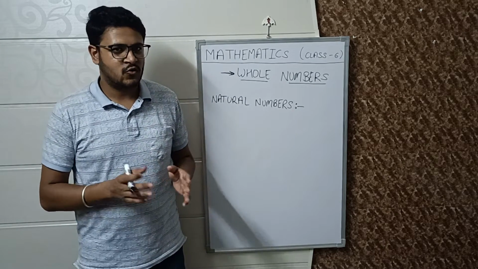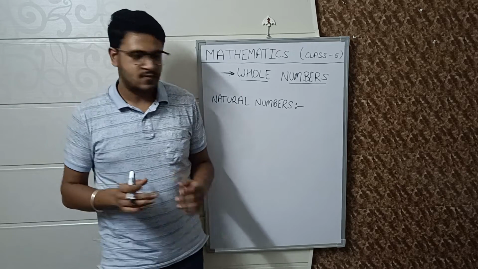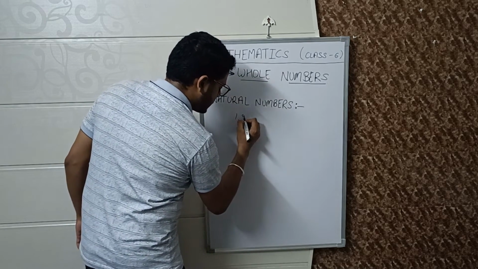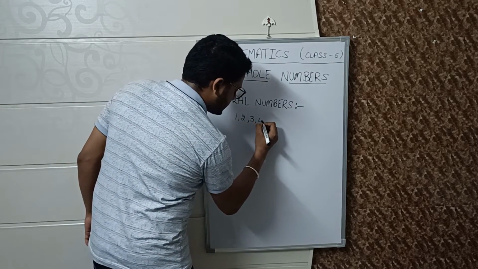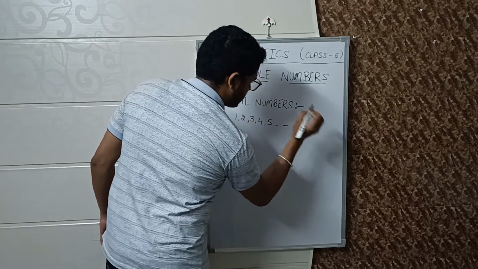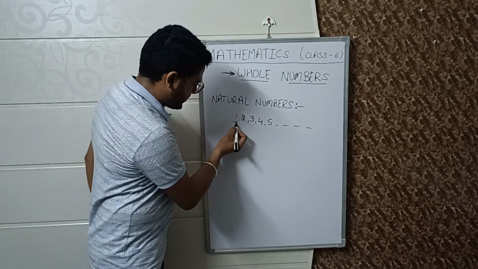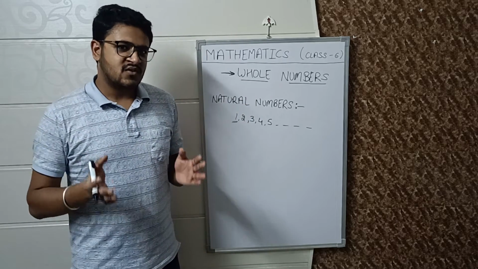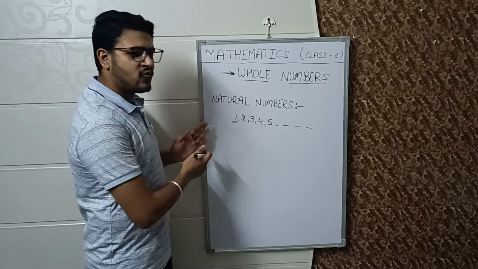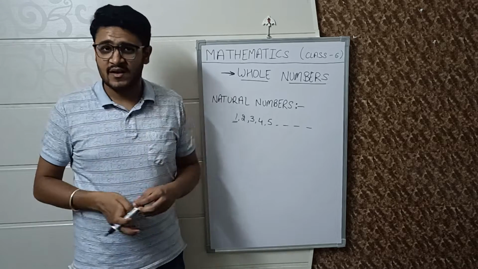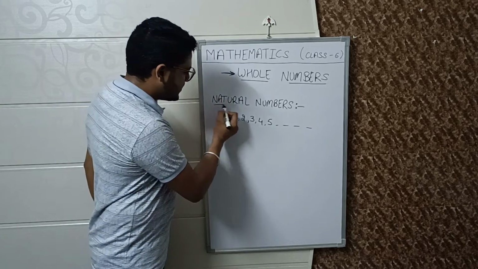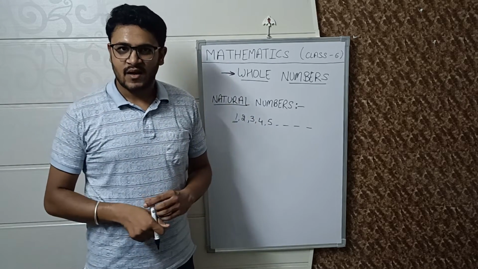You will say like 1, 2, 3, 4, right? You will start with 1, right? 1, 2, 3, 4, 5, and so on. So naturally we start from 1. Because of this reason, the numbers starting from 1 and going on up to infinity, we call these numbers natural numbers, right?